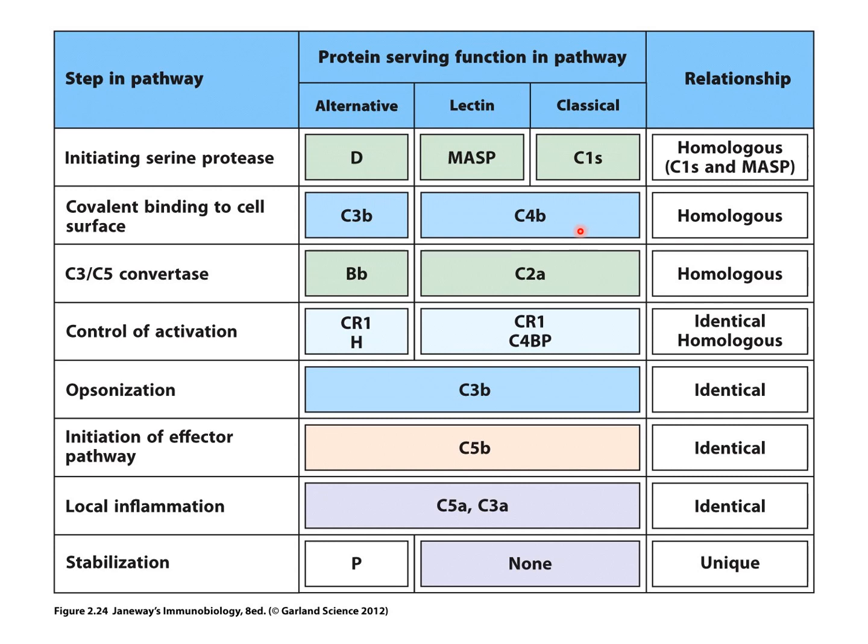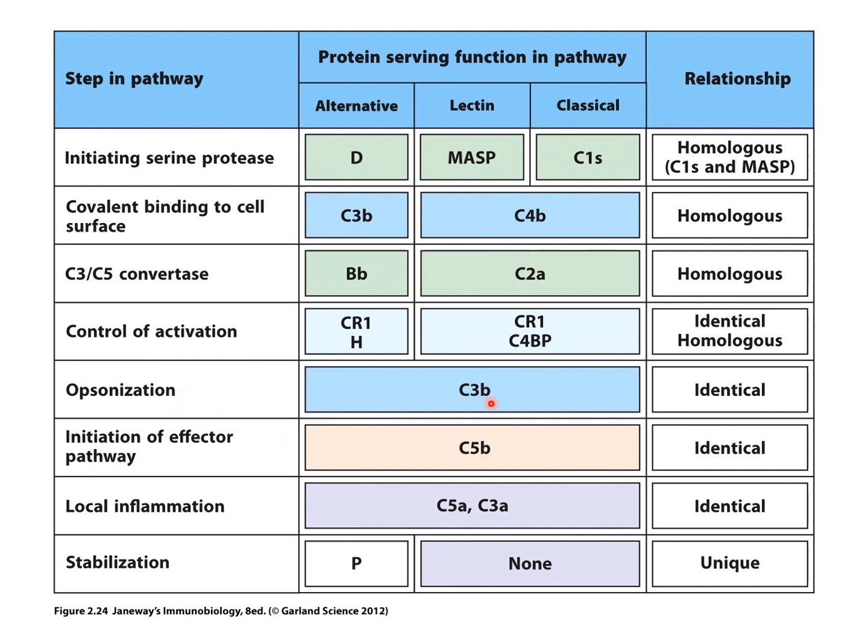C3b, C4b bind to the cells. We see that also they're homologous in their activity. Bb, C2a, homologous. All of them utilize C3b to begin opsonizing the surface of the pathogen to be destroyed.